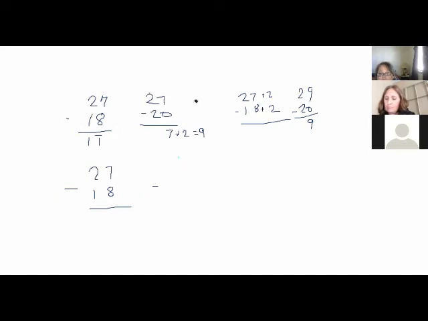So my original plan was to do 18 from 20, that's 2. So 20 minus 18. And then that's 2, and then I'm going to add this 7 over here. So that's 9.